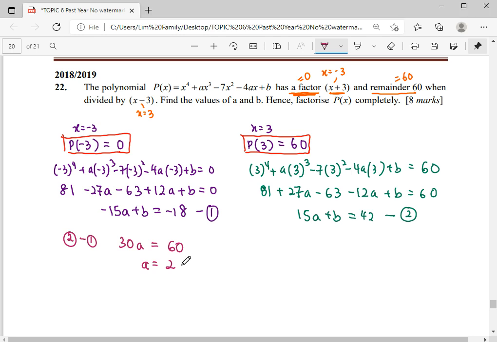Okay, then substitute, continue. Sub into 2. Either one, I just take either one. Either one equation can be used to find out what the B value is.